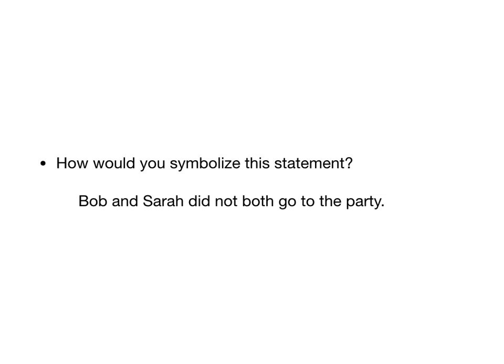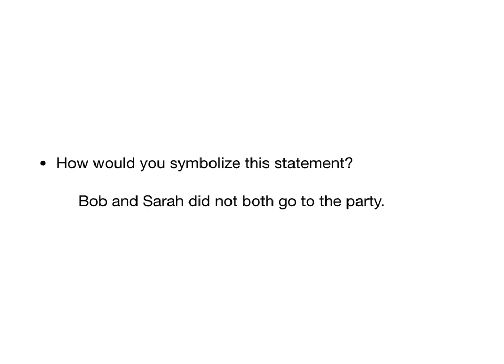Our propositions would be: Bob went to the party, Sarah went to the party. Would you say not (B and S), or not B or not S, right? Think about this. Which of these would you use for this sentence? This first one or this second one? Give it a second's thought. Which do you think is better and why?